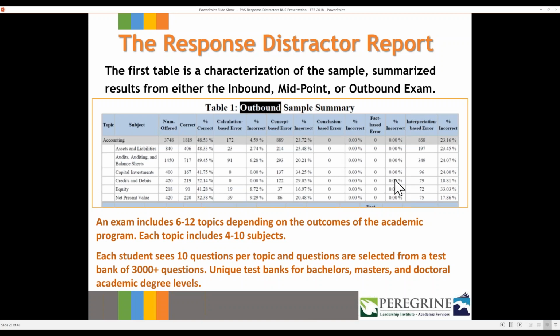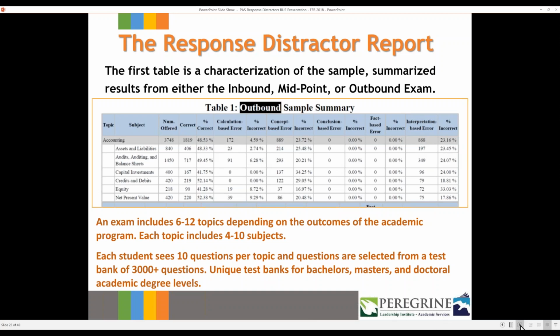So let's take a look. This is the first set of tables, which is your students' results. We have the number of questions offered, the percent of questions answered correctly, and then the number of questions and the percent for each of the 5 response distractors.